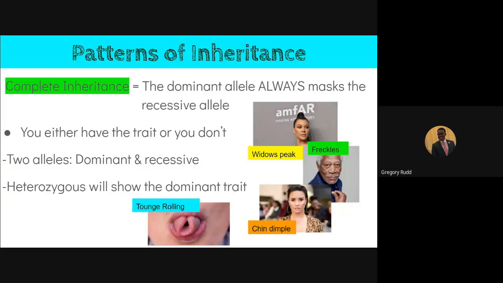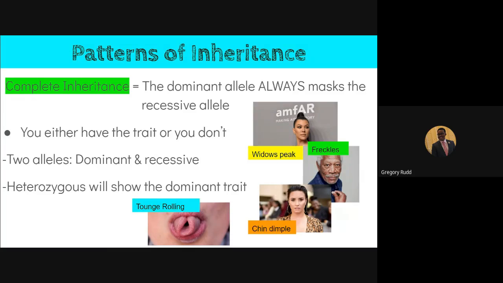So what we've been talking about today is called complete inheritance. And you should definitely write down this definition, please. Complete inheritance. We call it complete because the dominant allele, the capital letter, will always mask the recessive allele, the lowercase letter. The dominant allele masks the recessive allele. This means that you either have the trait or you don't.